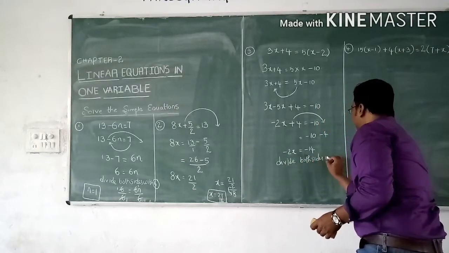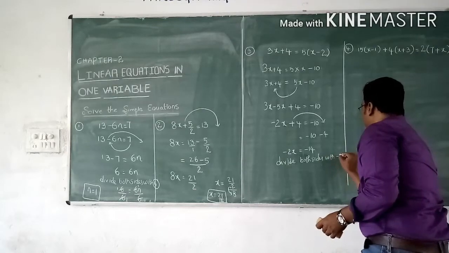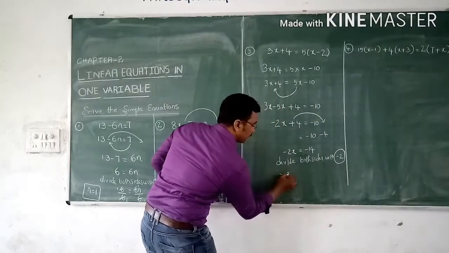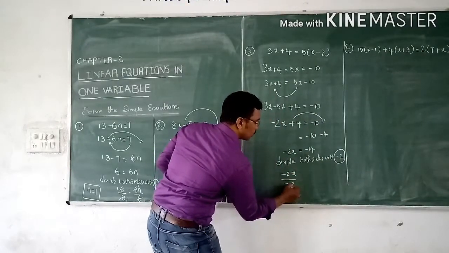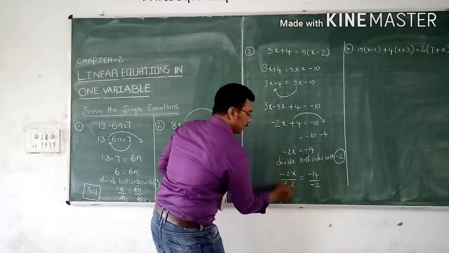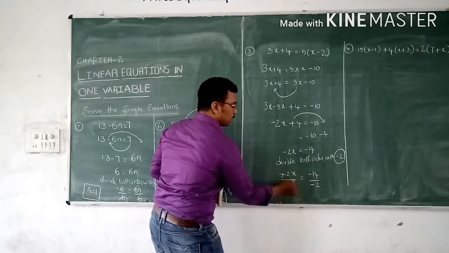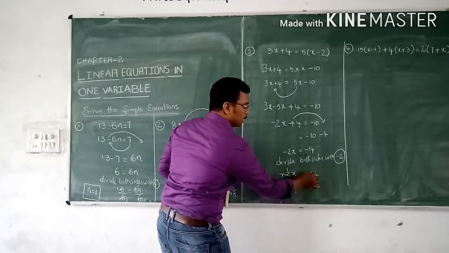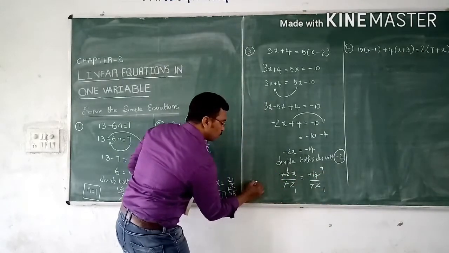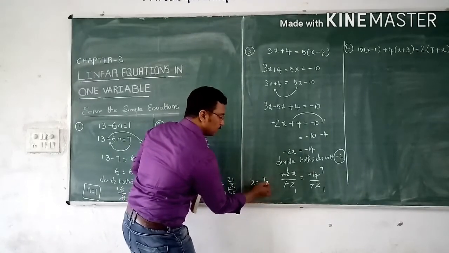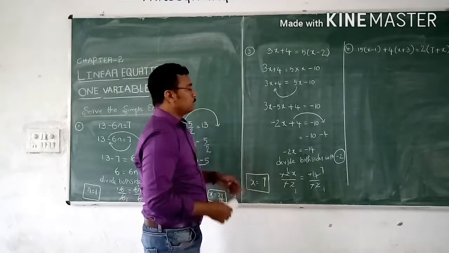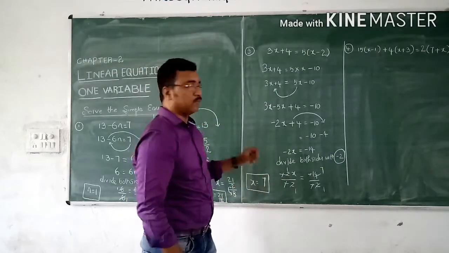So minus 2x by minus 2 is equal to minus 14 by minus 2. Minus minus gets cancelled. 2 ones are 2, 2 sevens are 14. So x is equal to 7 by 1, nothing but 7. So the solution for this simple equation is x is equal to 7.